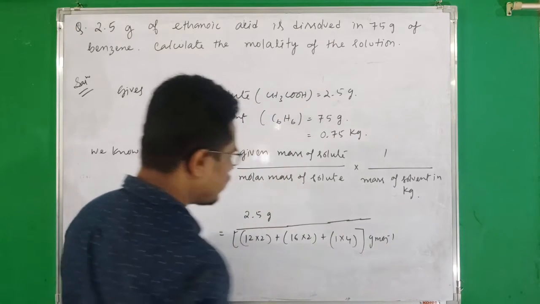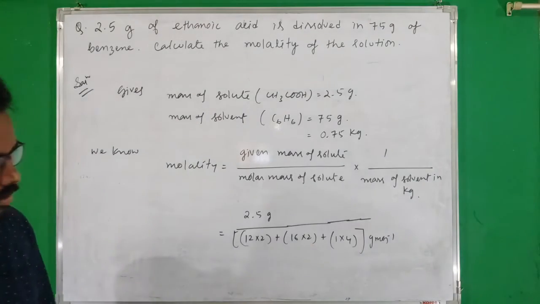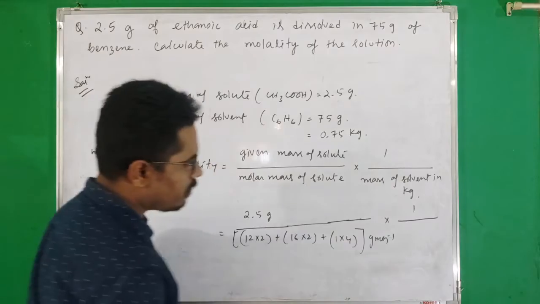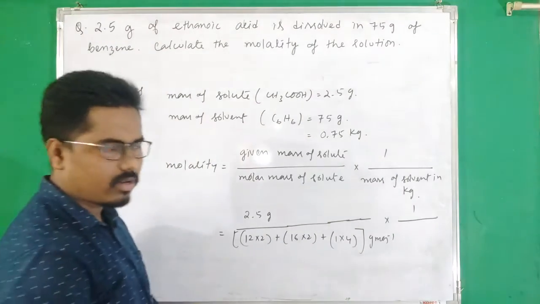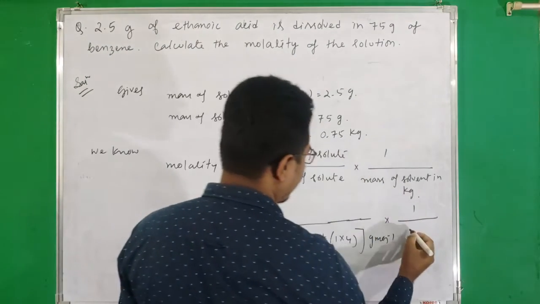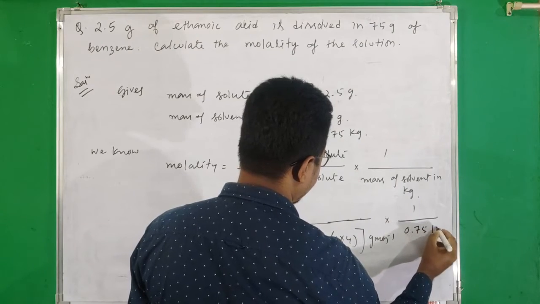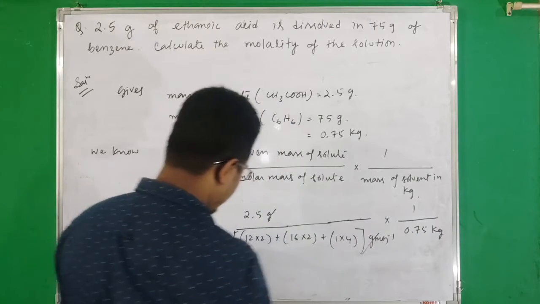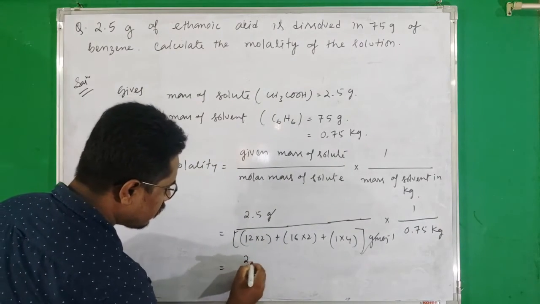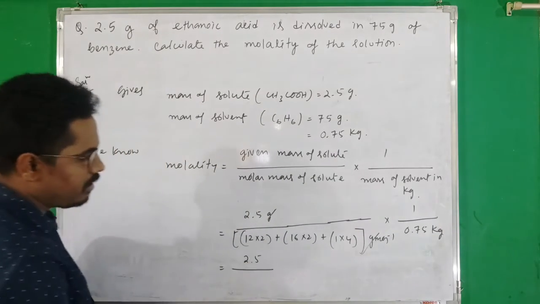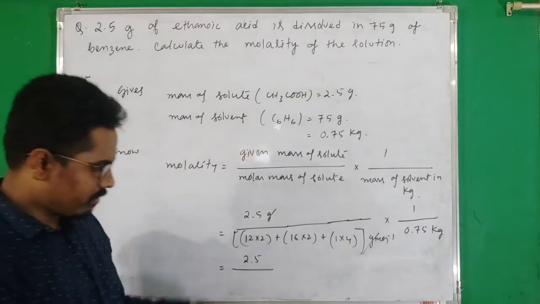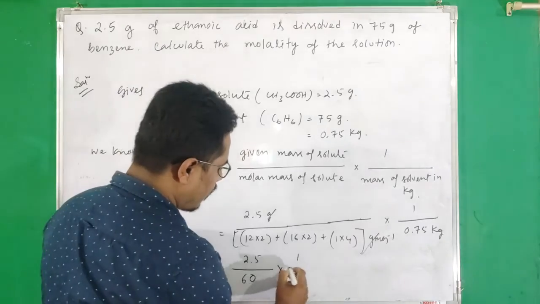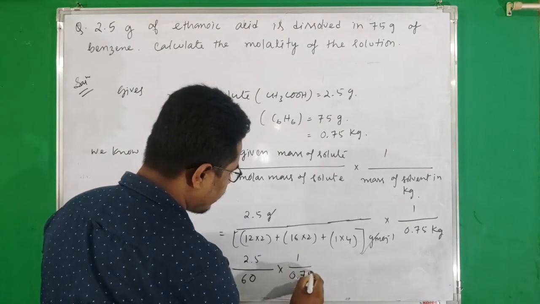Here it is molar mass, therefore the unit is gram per mole, into 1 divided by mass of solvent in kg, which is 0.75 kg. Gram will be cancelled. So it equals 2.5 divided by 60 if you calculate, into 1 divided by 0.75.